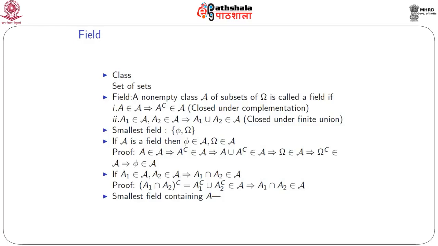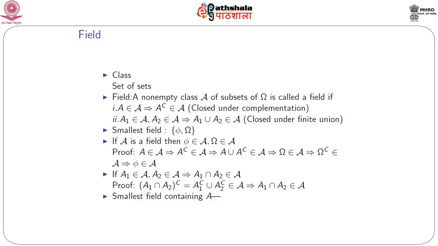If the universal set belongs to script A, its complement will also belong to script A. The complement of omega is nothing but phi. So, the null set also belongs to script A. So, phi and omega are two elements which will always be there.